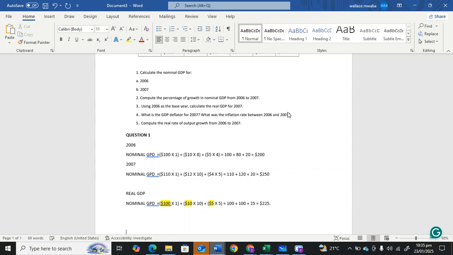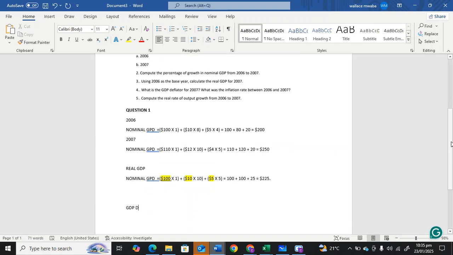So for GDP deflator for 2007, nominal GDP over real GDP times 100.